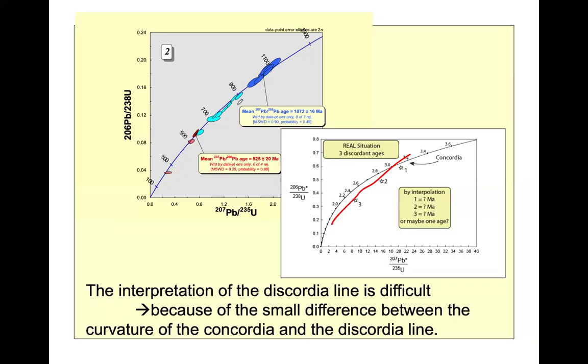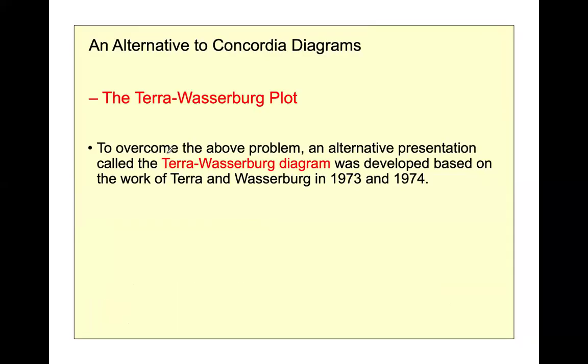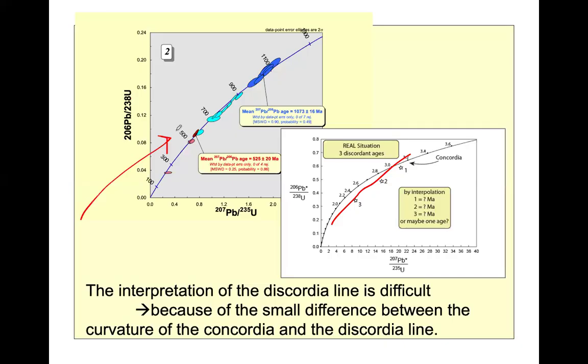This is the normal Concordia plot. But nowadays there is a modified version of the Concordia. This is termed the Tera-Wasserburg plot, because they are the people who invented this other diagram, to overcome some difficulties in Concordia diagrams.